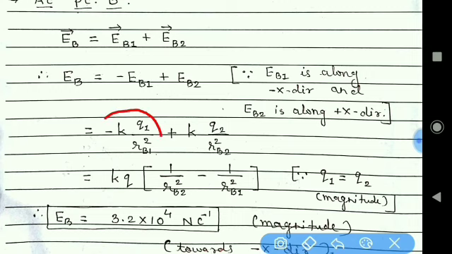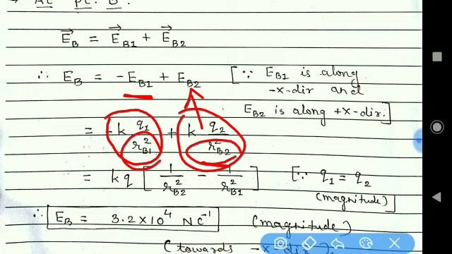Now putting the formulas of both the electric fields, K Q1 upon RB1 square due to this, and second is K Q2 upon RB2 square due to this. In the earlier case the distances were the same, but here the distances are not the same.